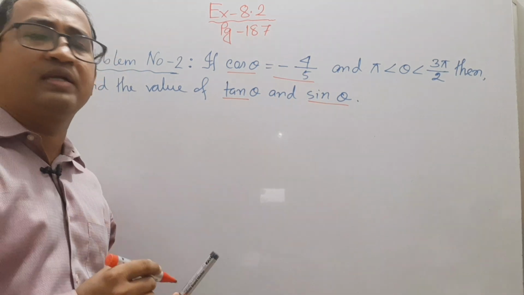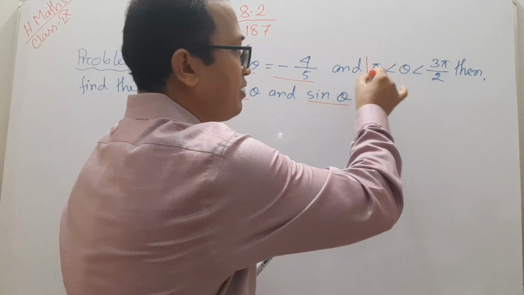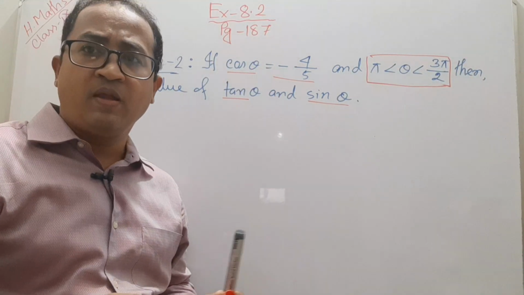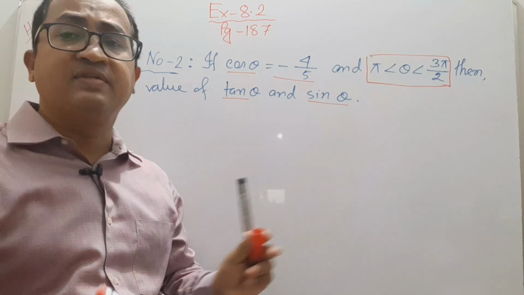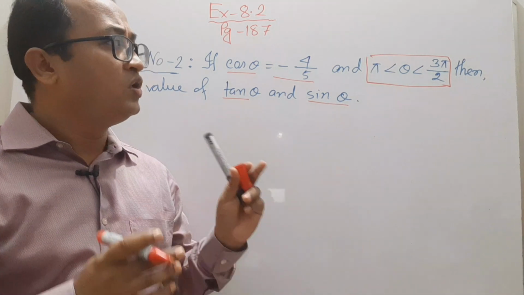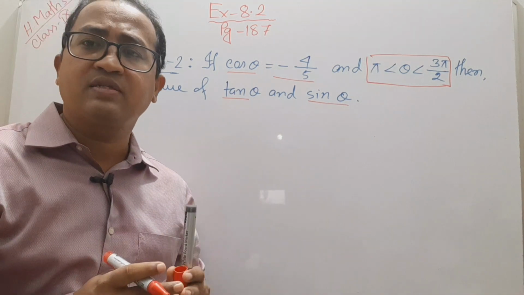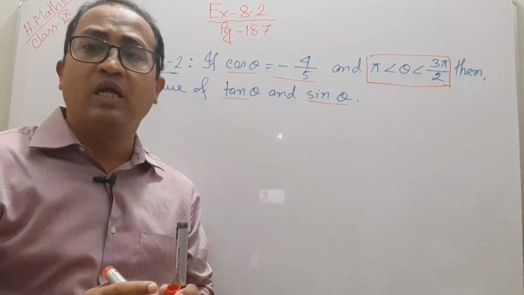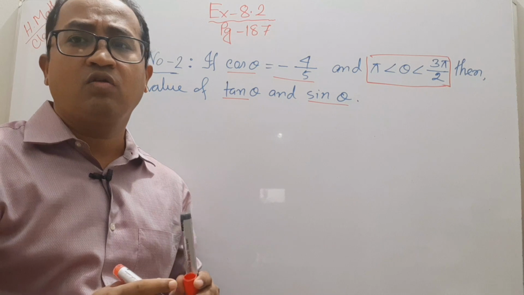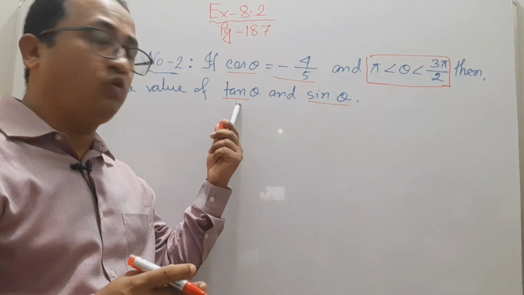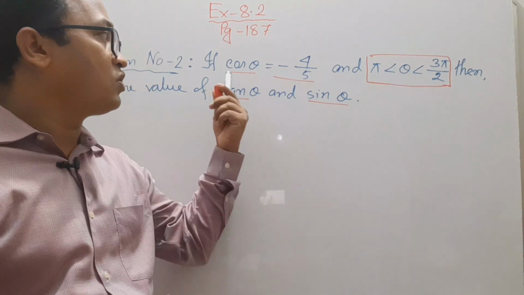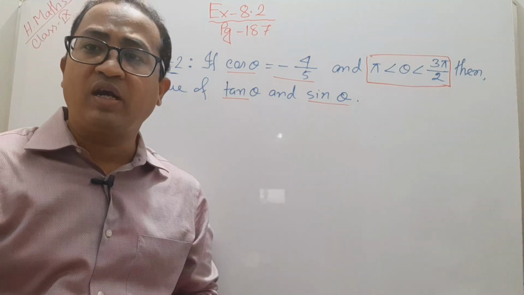But the important thing is this condition. Here the value of theta is between π to 3π by 2. That means third quadrant. So in the third quadrant we will find the value of tan theta and also sin theta if cos theta is equal to minus 4 by 5.